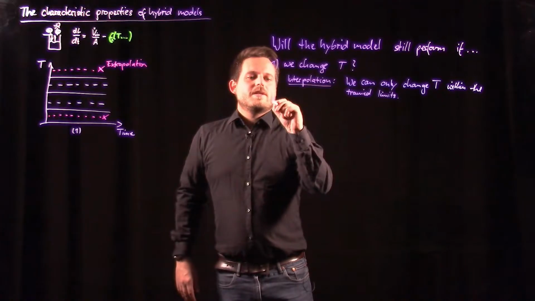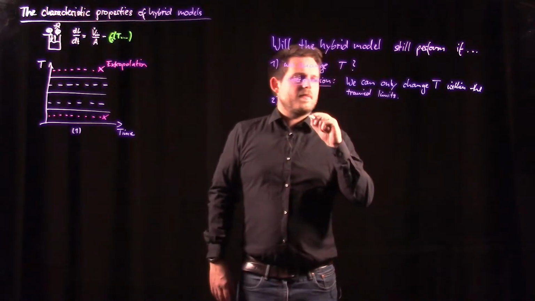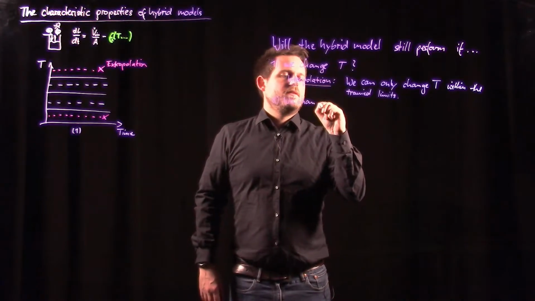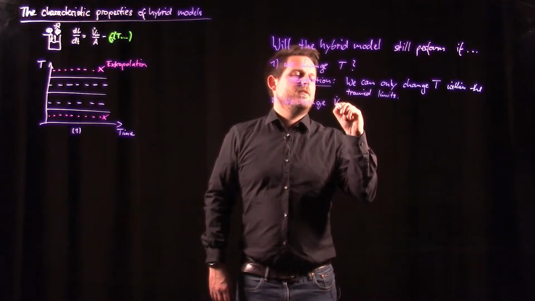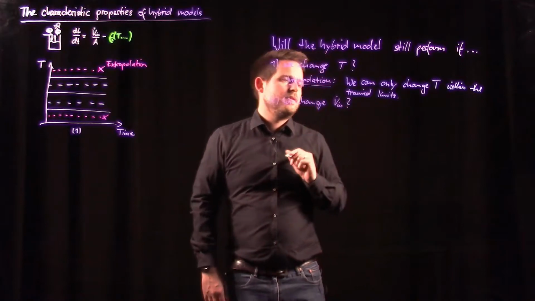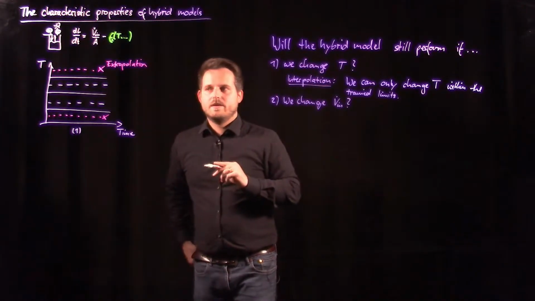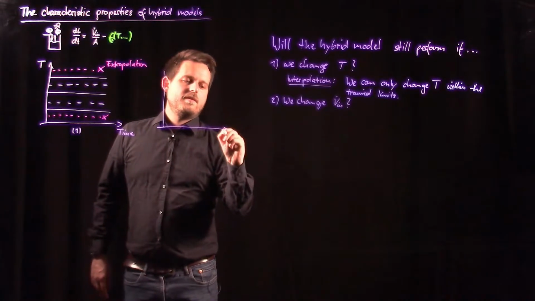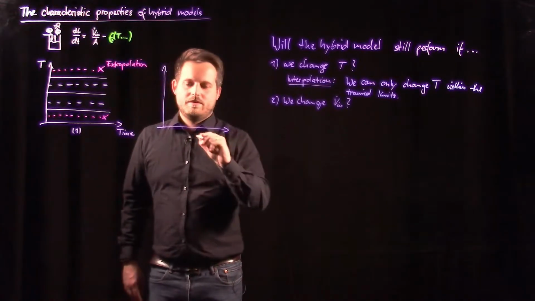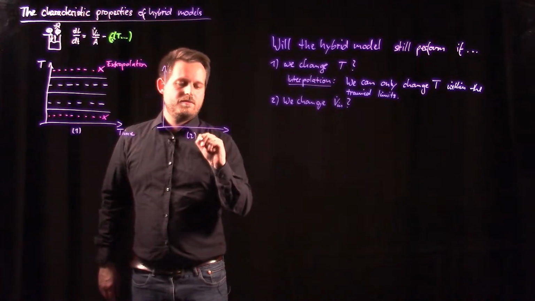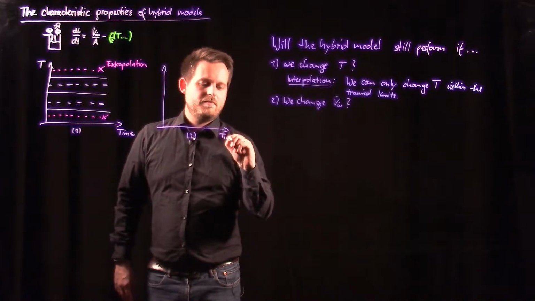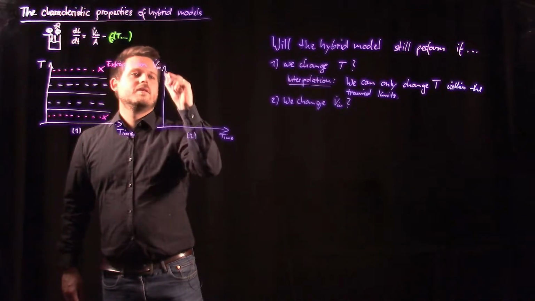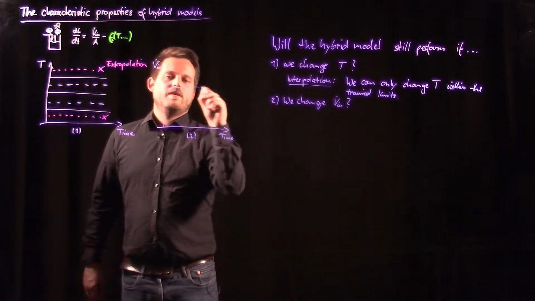But what happens actually if we change the incoming volume flow? There we can draw another diagram. And this is 2. Again, over time, we did our experiments. We might have, again, 3 levels.